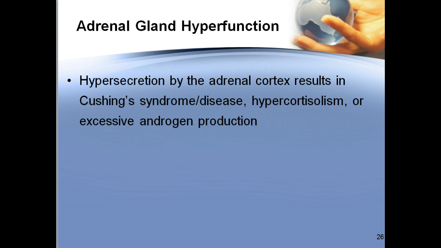Hypersecretion by the adrenal cortex results in what they call Cushing syndrome or disease, another name for which would be hypercortisolism or excessive androgen production. If you look on page 1384 of your text, you will see how a person generally looks when they have Cushing's disease.